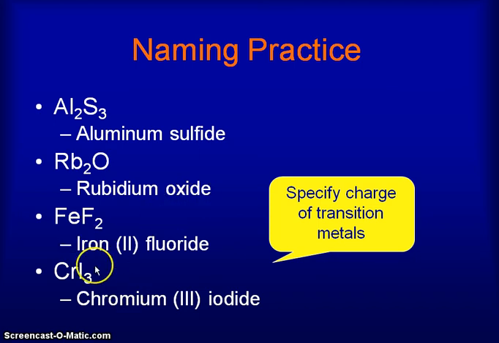Now these last two involve a transition metal, a d-block element, so we have to specify what the charge is going to be. For this one, we have FeF2. We know that Fe is iron, but we don't necessarily know what its charge is yet. If we look at fluorine, fluorine has 7 valence electrons, which means that it will gain 1 more in order to achieve an octet. So fluorine will always have a -1 charge.